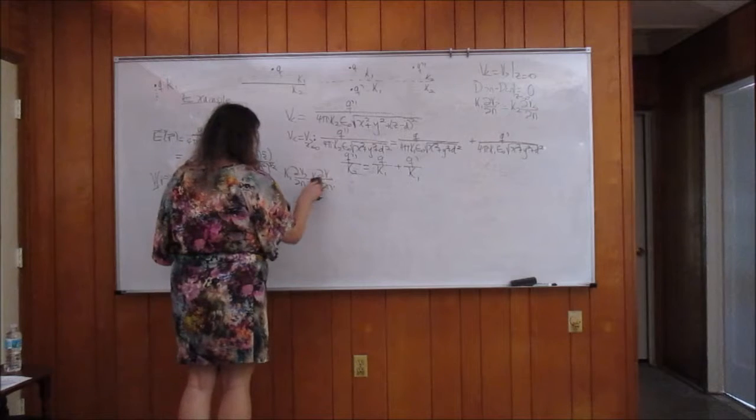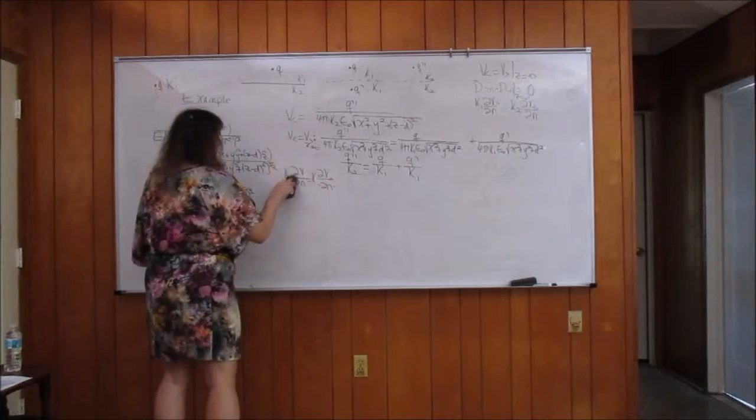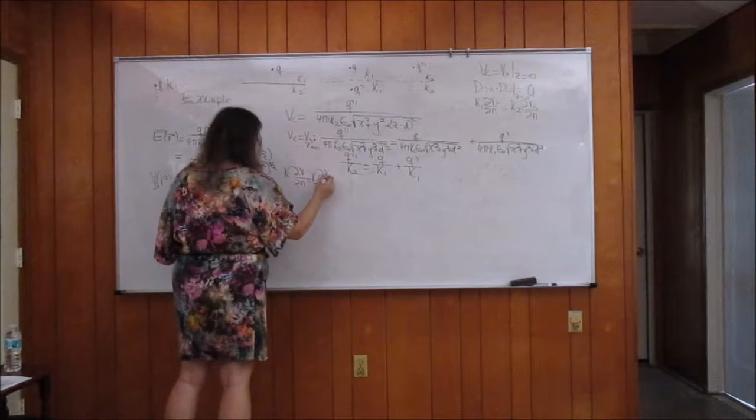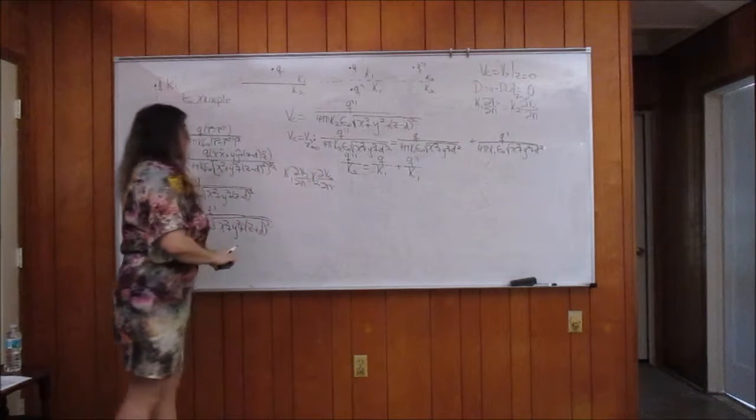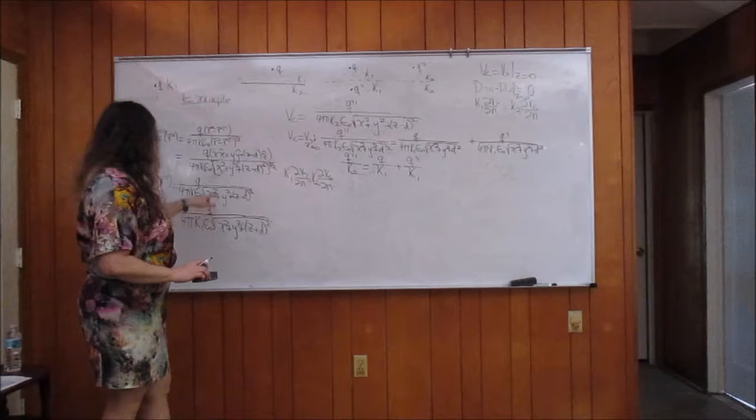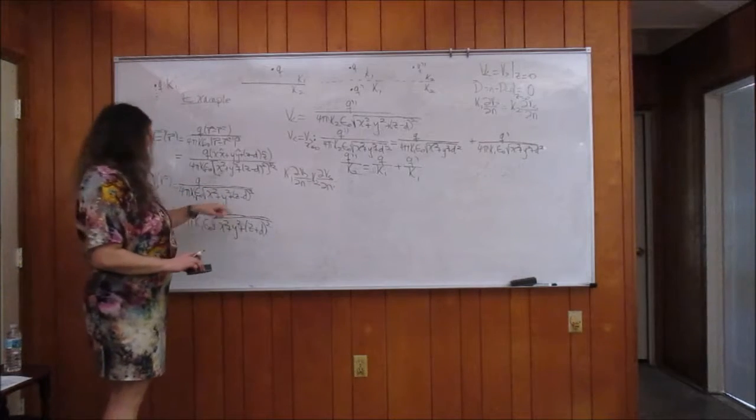And maybe I should write it the other way to make sure I'm consistent with how I set that up. So I'll put k2 over here and k1 on the left hand side. Take the derivative with respect to z.